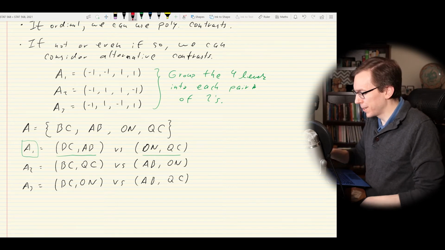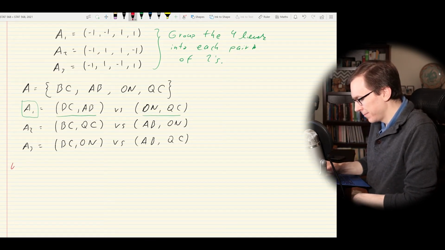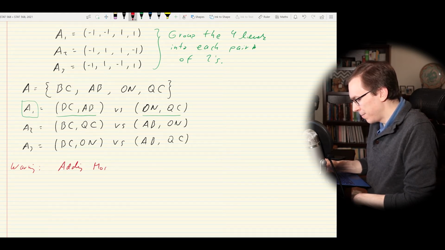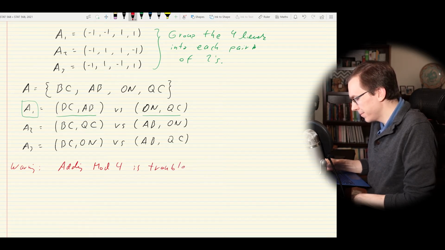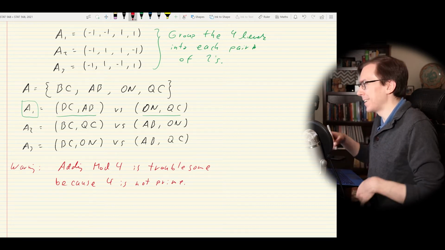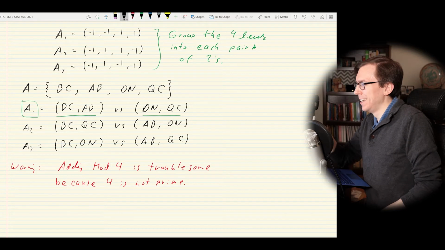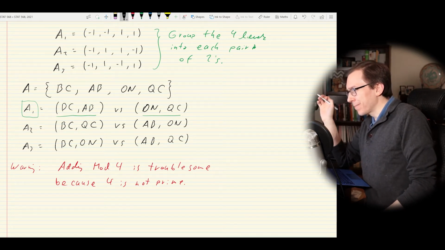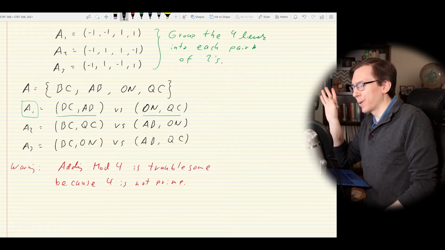So maybe I'll just put a warning: adding mod 4 is troublesome because 4 is not prime, which means I don't get a finite field, which means I don't have inverses, which means bad things happen. And I have some examples, but I wouldn't worry about it too much.